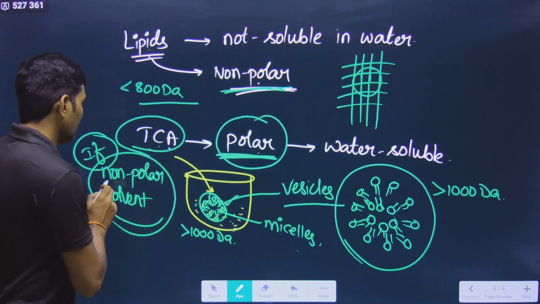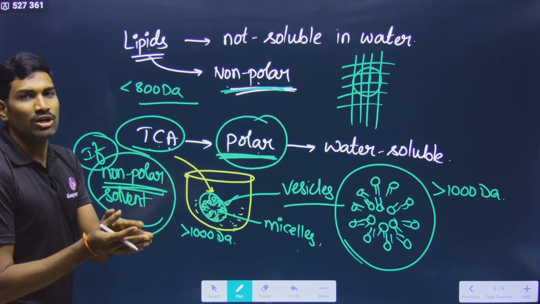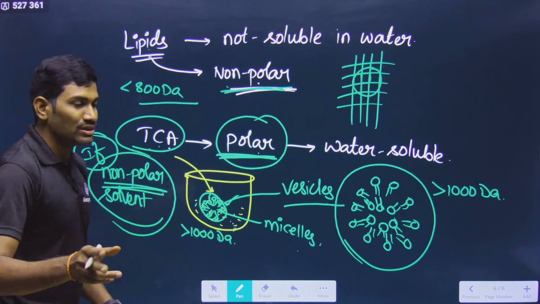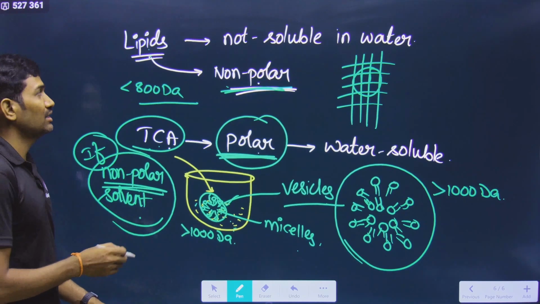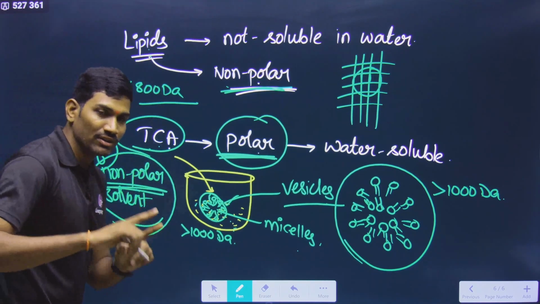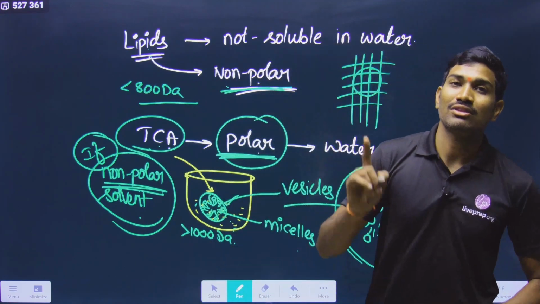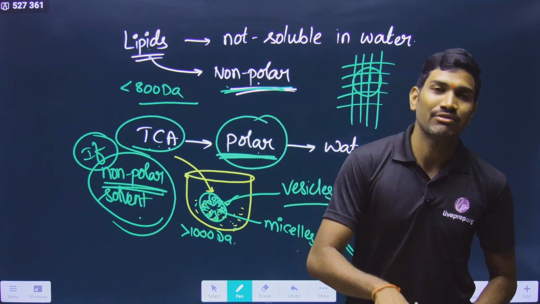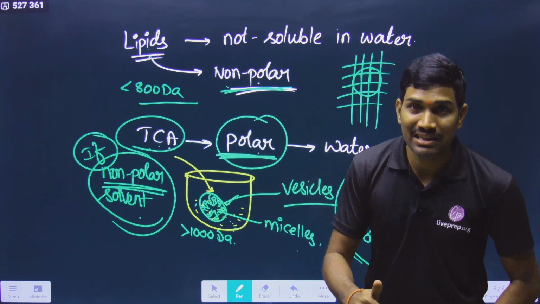This is simple logic. If you are using a non-polar solvent, lipids are also non-polar, so they will be miscible. So if a non-polar solvent is used in this experiment, lipids also will come along with the solvent. That means in the filtrate itself you will expect it. But in this original experiment, why are we getting them in the retentate?